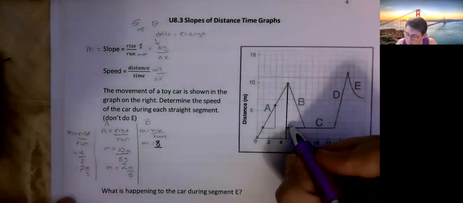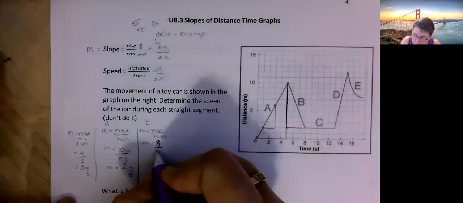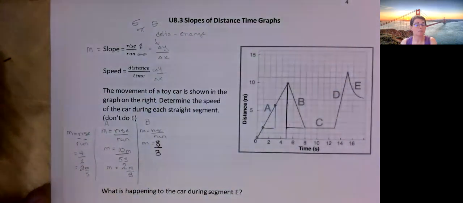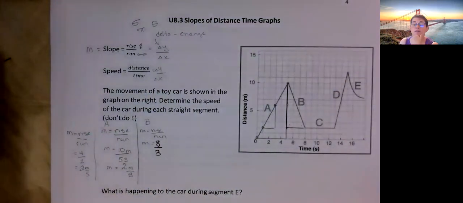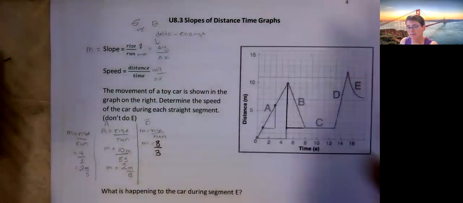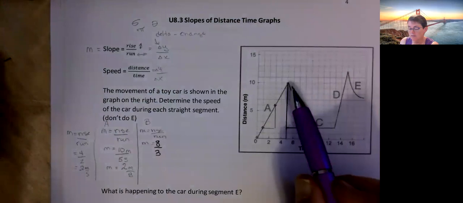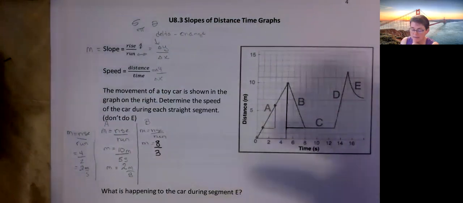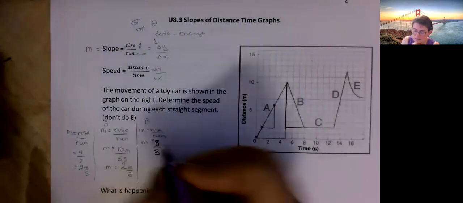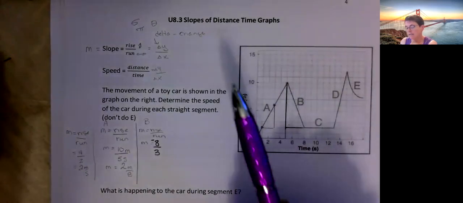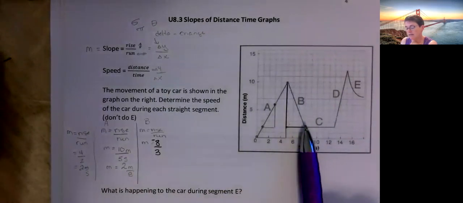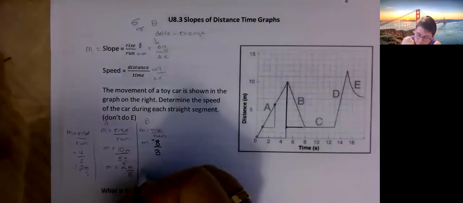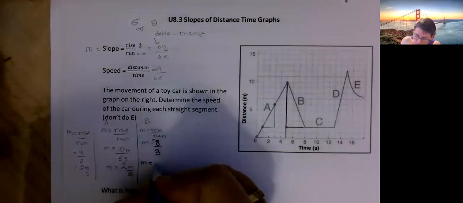And we went across 1, 2, 3. But wait, what did I miss? Do you remember from slope? Yeah, you're always reading your graph from left to right. So this one actually didn't go up 8, it went down 8. So as you're reading left to right, if it goes downhill, then that's a negative slope. So m is equal to negative 8 over 3.